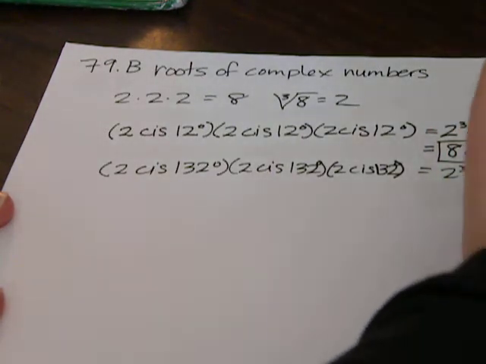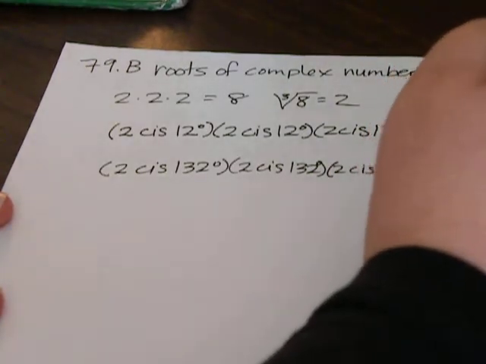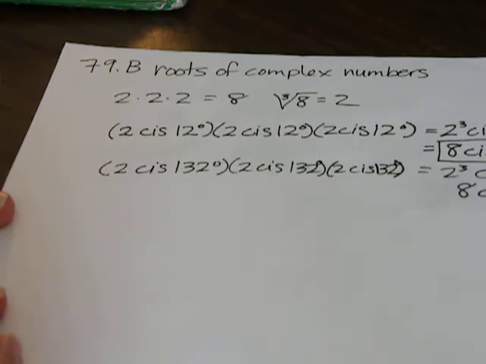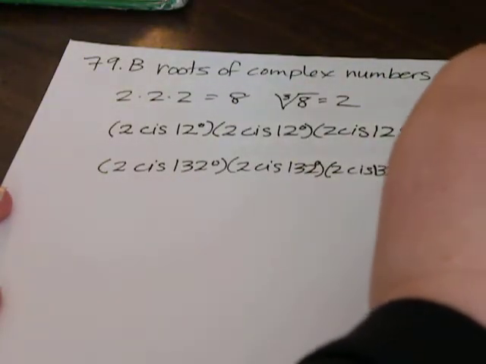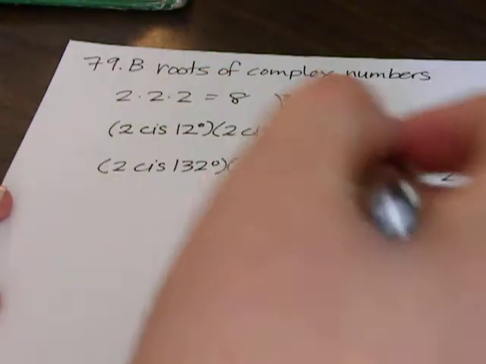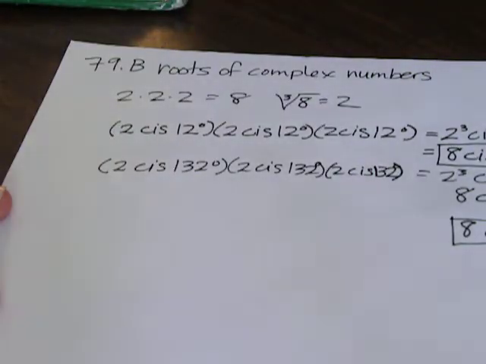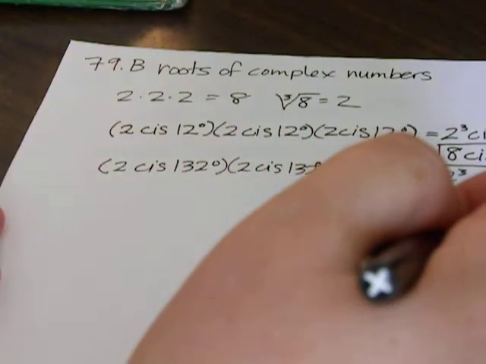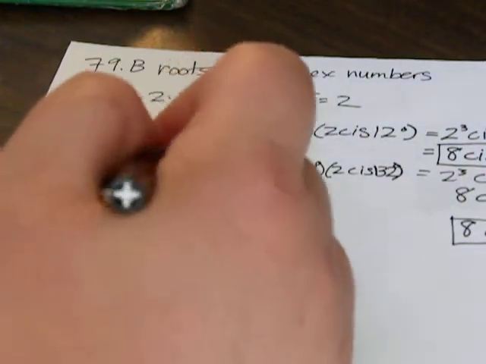Well, 132 times 3 is 396, so you get 8 CIS 396. If you subtract 360 degrees from that, you end up getting 8 CIS 36. So you get the same number that you did before with a different root.